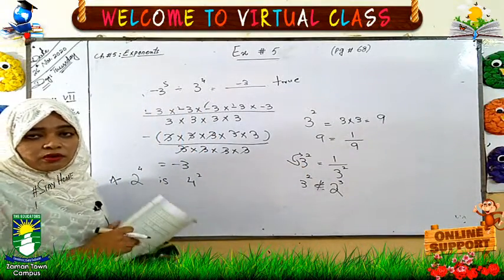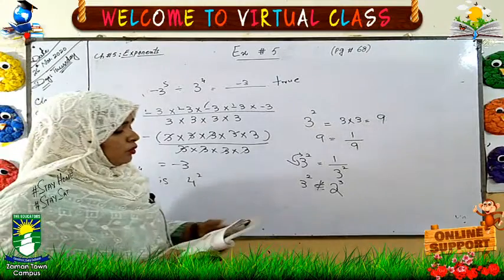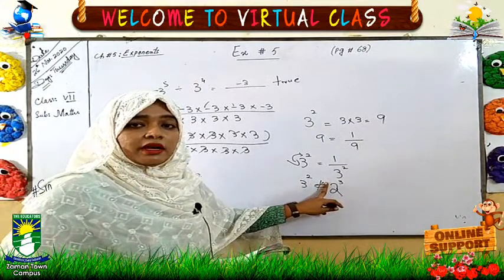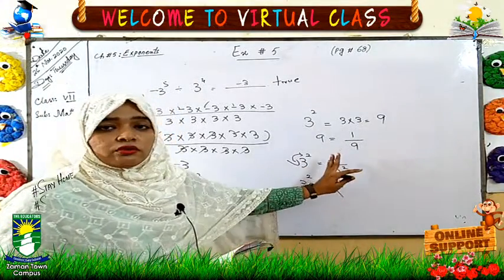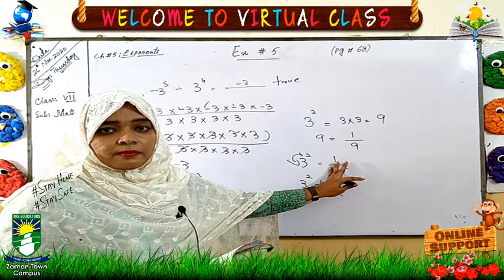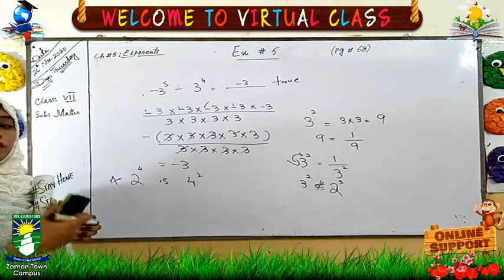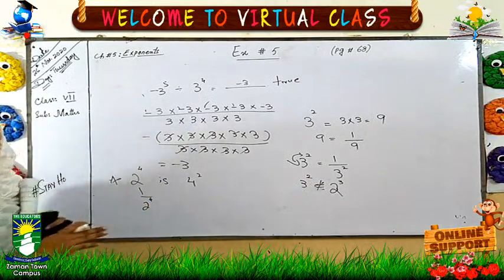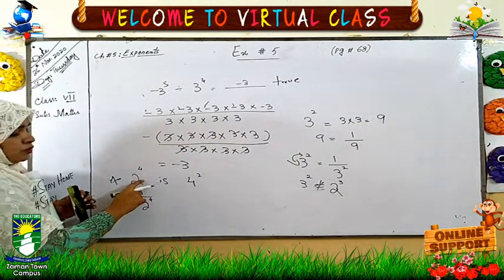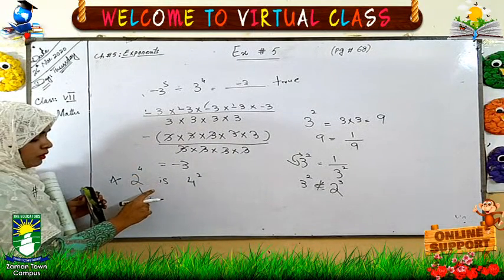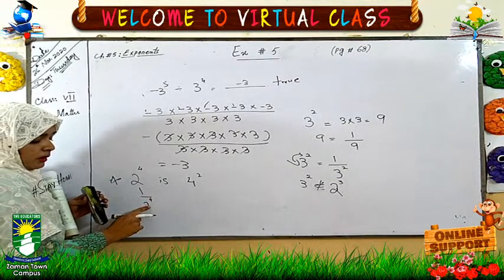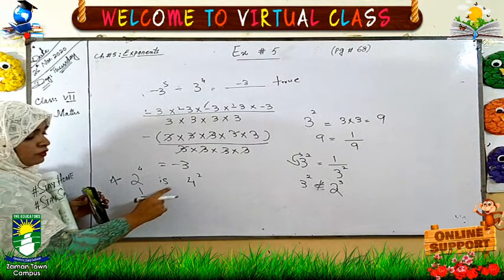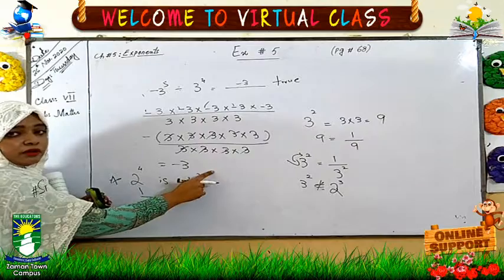The reciprocal of your number will be 1 upon that number, so you write your number in the denominator. The reciprocal of 2 upon 4 is 1 upon 2 power 4. If you have the reciprocal of 2 raised to power 4, your reciprocal will be equal to 1 upon 2 raised to power 4. It is not equal to 4 power square.